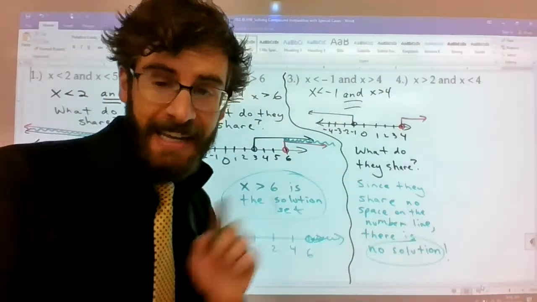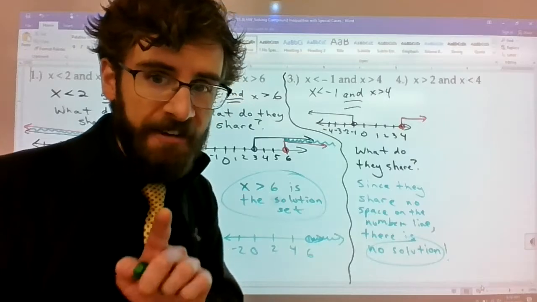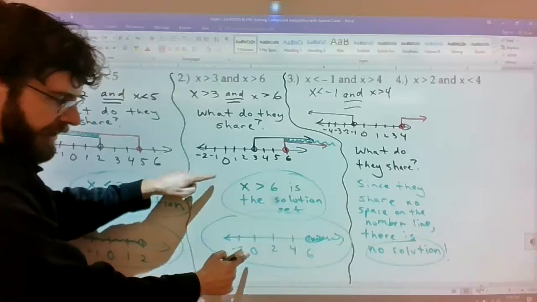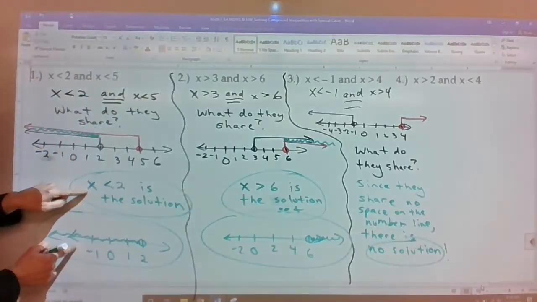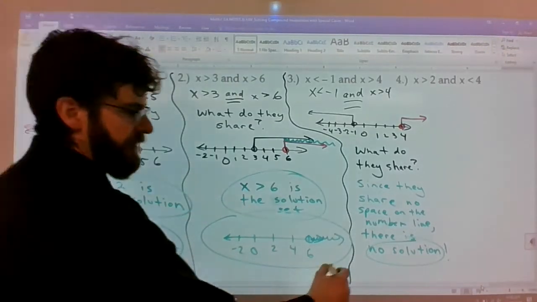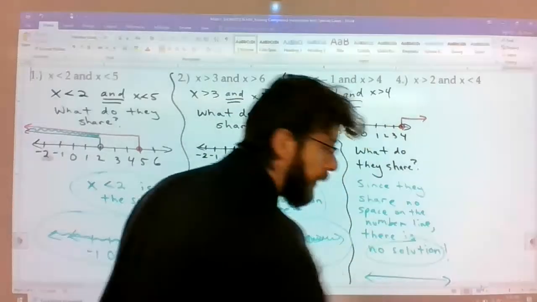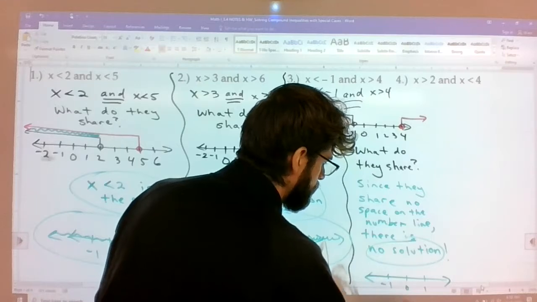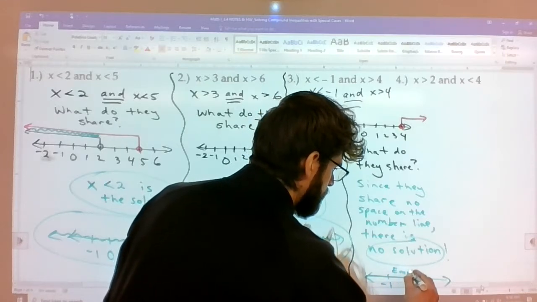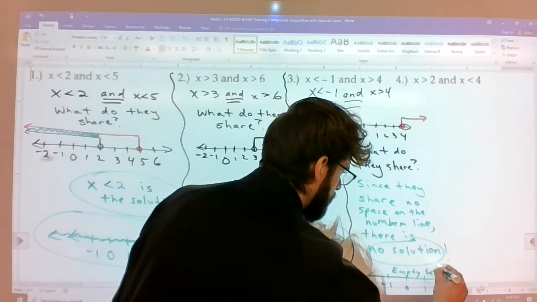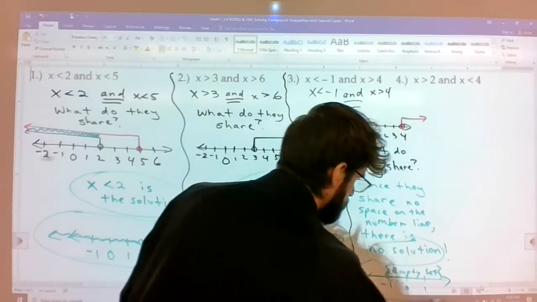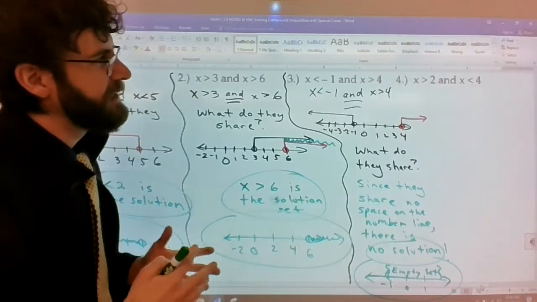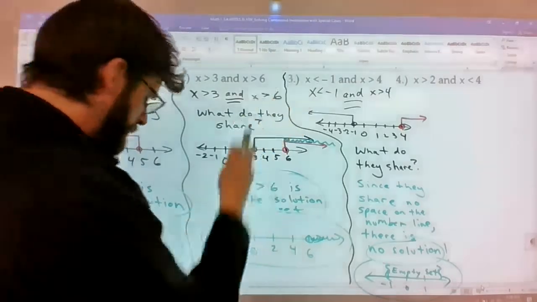Our final answer is no solution. And then you would graph that on a number line. Just like these two were the final answers for this one, these two were the final answers for this one. The final answer on this one is just going to be the empty set. Interesting.